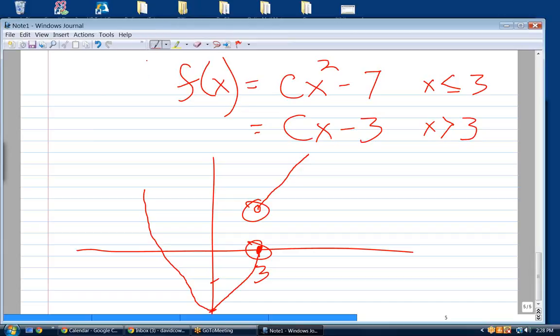Don't we need cx squared minus 7 to be equal to cx minus 3? It might be as simple as that. I think it is. However, that's two variables, one equation.